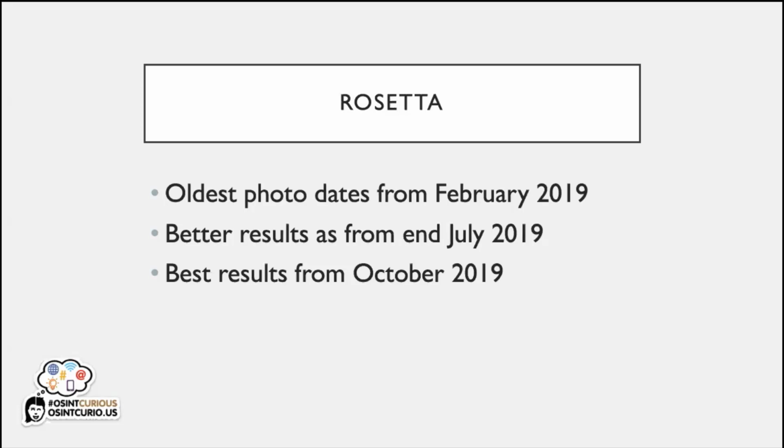It was the oldest photo I could find, which, as the web breacher example showed, didn't have any text, tags, comments, or anything referring to my search, only the text in the image. The results are getting slightly better as of the end of July 2019, and I'm getting better results from October 2019. It looks like it's only improving over time.